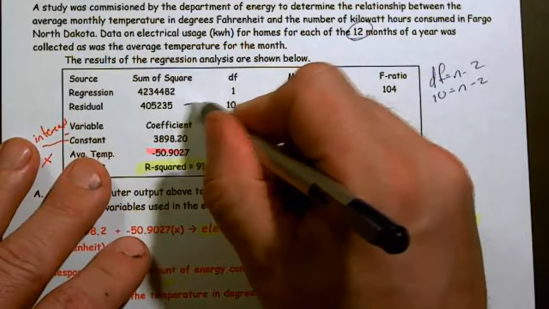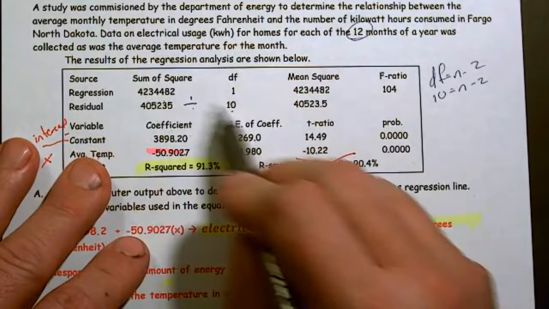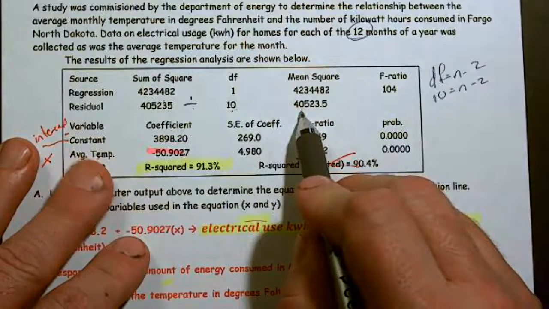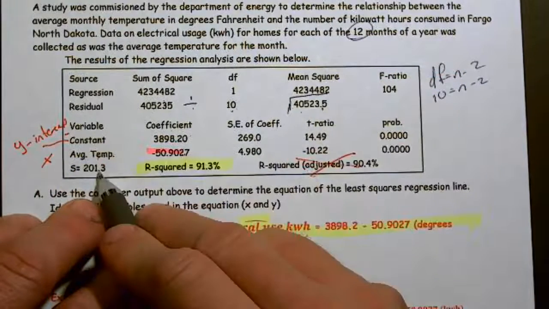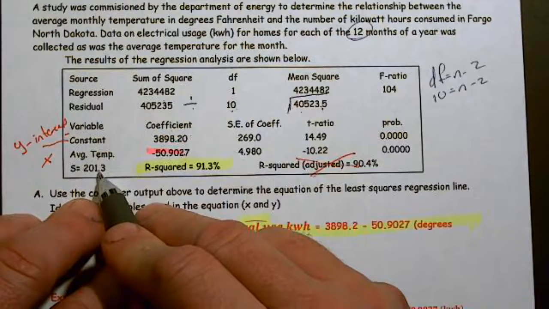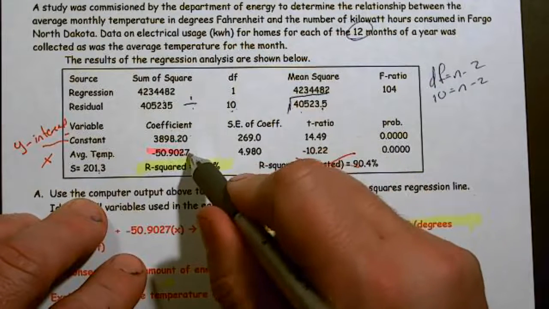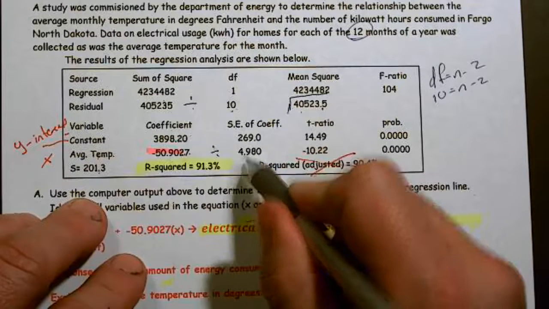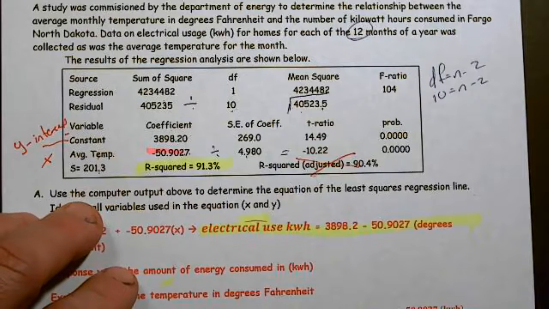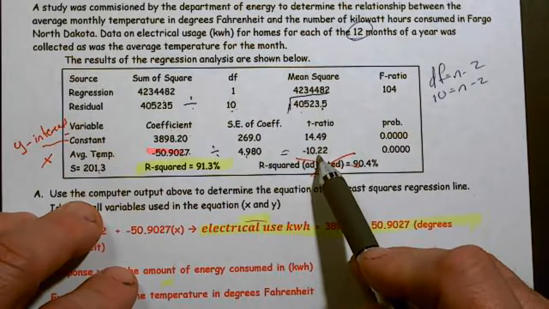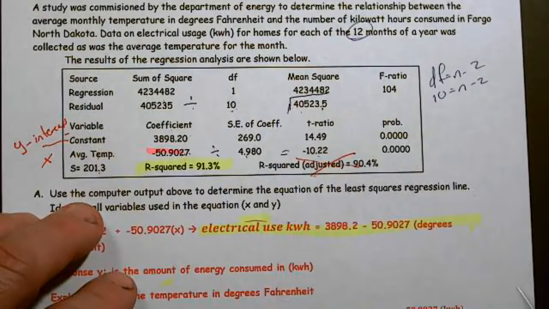I can take this value divided by 10, and I'll get that value. If I take the square root of this, I will get that value. Also remember, this divided by this will equal this. And that's a big T statistic. That's a long way away, okay?